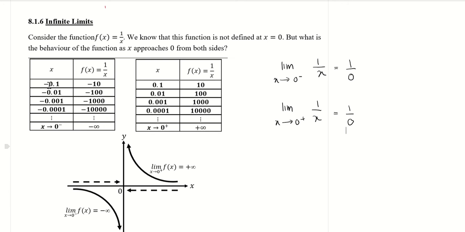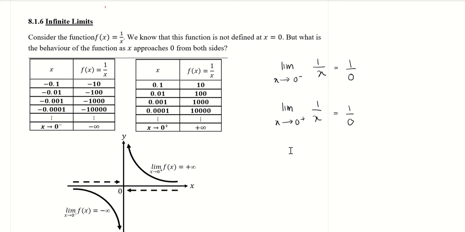We can see as x approaches 0 from the left, the value of f is moving toward negative infinity. And as x approaches 0 from the right, we can see the value of f(x) approaches positive infinity.